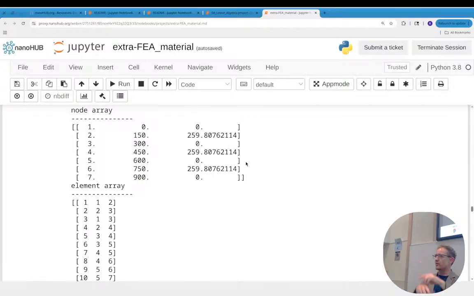Sometimes there are corners and midpoints, but let's just say the corner. Every corner of your cubes and triangles gets a location, their initial location. That's what this is, like a 1, a 0, 0, a 2, a 150, 260. So that's where all the nodes are before any forces are applied.